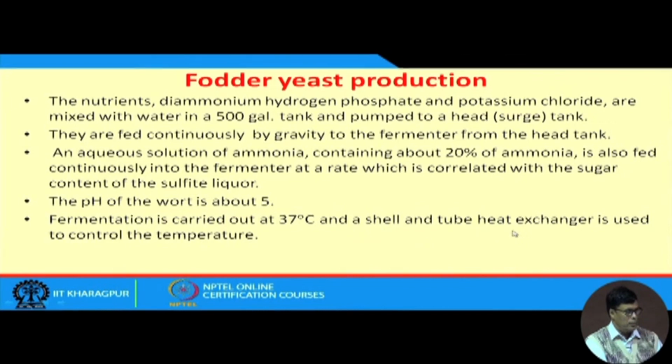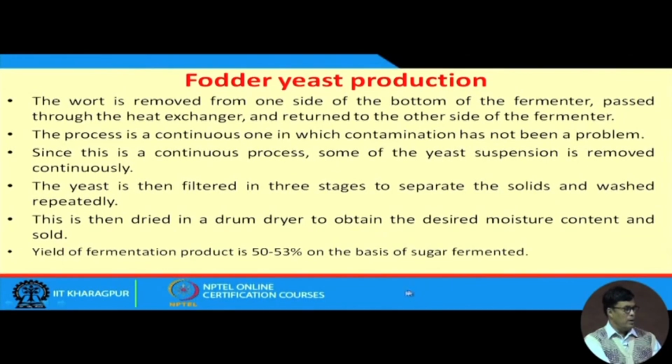A shell and tube heat exchanger is used to control the temperature. We require some kind of heat exchanger to control the temperature of the liquid. The liquor is removed from one side of the bottom of the fermenter, passed through the heat exchanger, and returned to the other side of the fermenter. The process is continuous, and contamination has not been a problem.